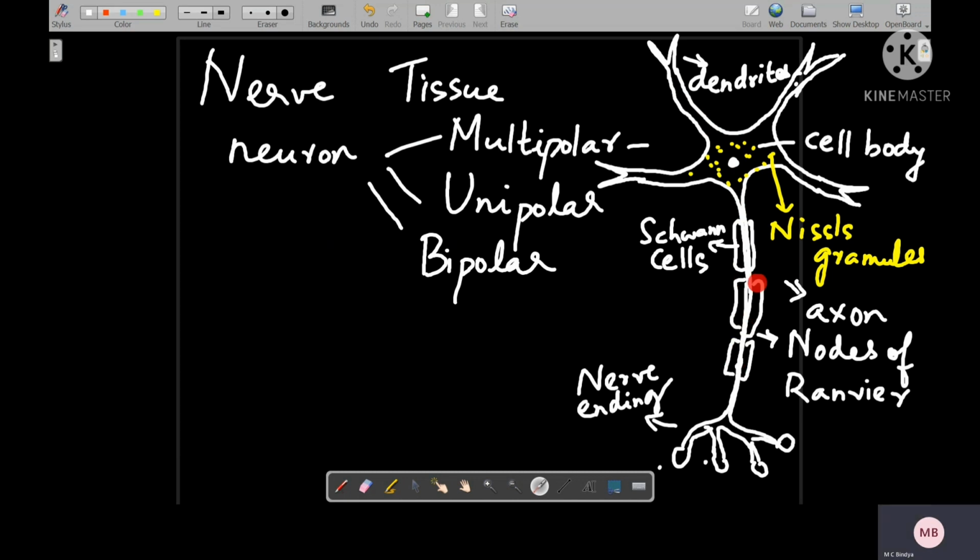Now, when the axon is covered by Schwann cells with gaps called nodes of Ranvier, the impulse transmission will be faster. So, if the impulse is at this point, it can jump from this point to the nodes of Ranvier like this. So, the nerve impulses will travel faster if the axon is covered by myelin sheath, which is made up of Schwann cells.